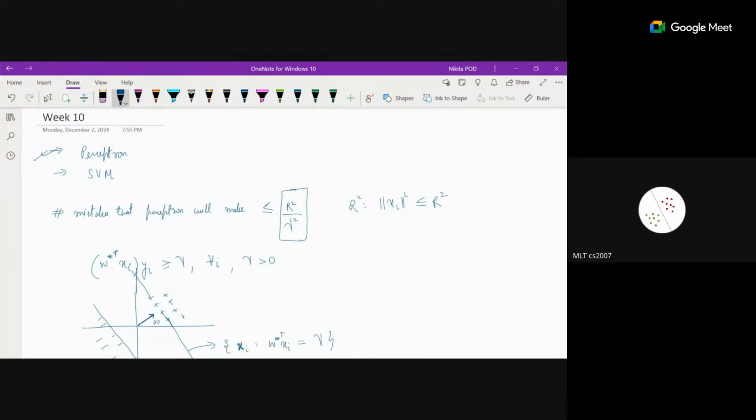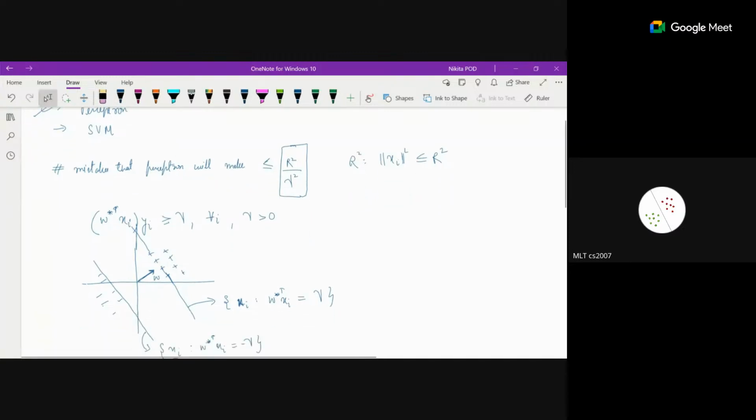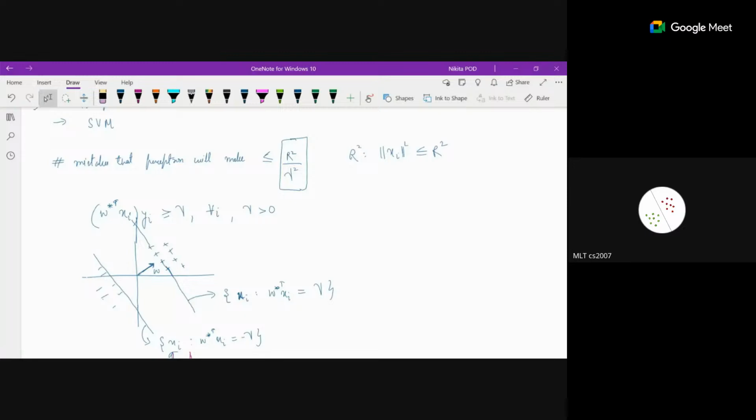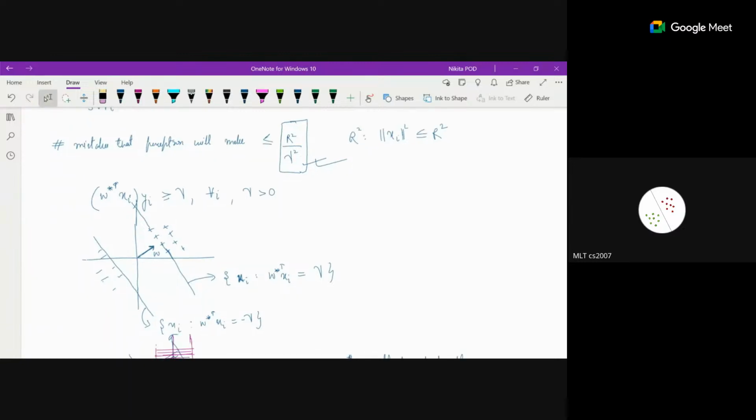And when we derived this result, we saw this was with respect to the W star with the largest margin. So the number of mistakes it will make is at most this. It doesn't mean that the W star that you get is going to be the one with the largest margin.